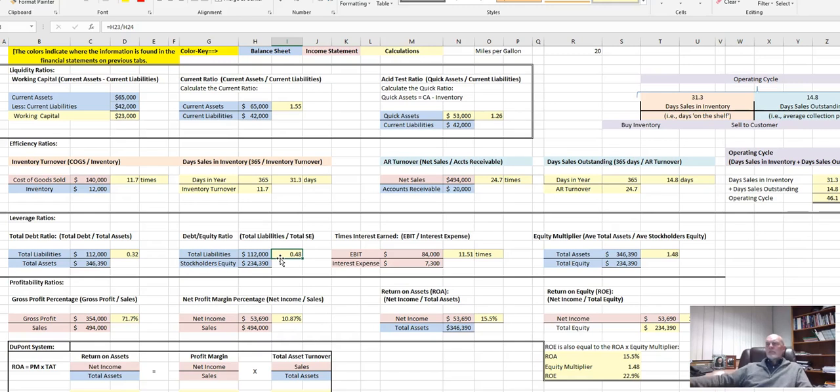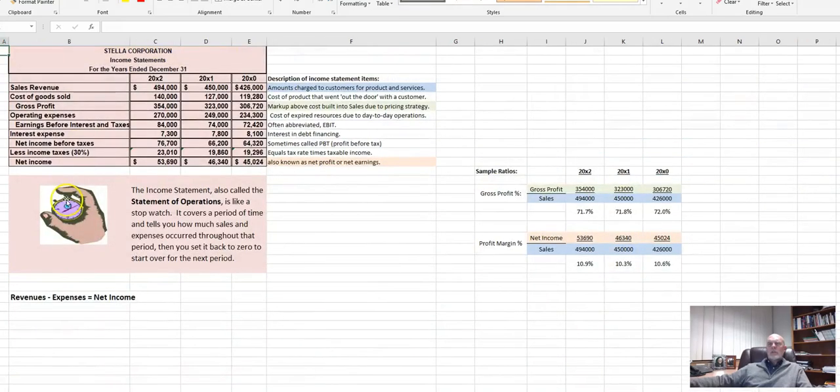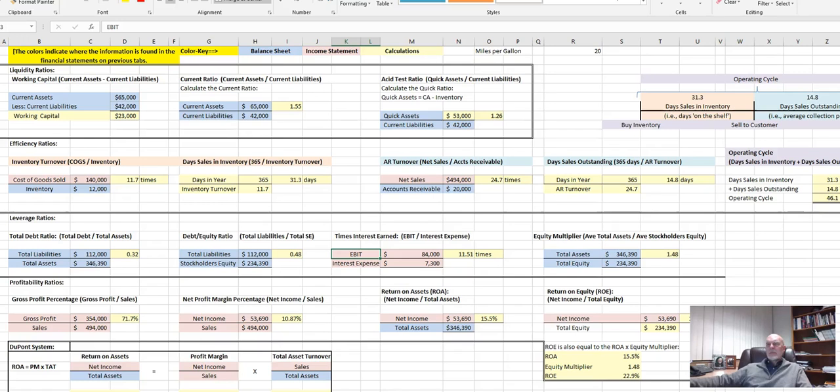Each of these is really just a different way to look at how much debt is on the balance sheet. Of course, that debt is going to cost us interest, and so we may want to see how well we are covering that cost of interest. If we look at our EBIT, which is on the income statement, EBIT is earnings before interest and taxes, and we see it's $84,000 in this year.